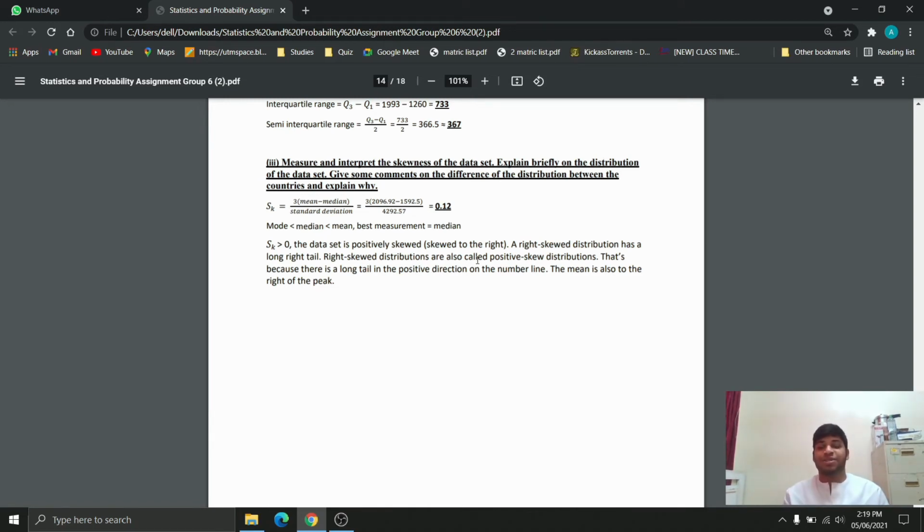A right skew distribution has a long right tail. Right skew distributions are also called positive skew distributions because it's towards the right, and that's why there's a long tail on the positive side of the number line. This also means that the mean of the graph is to the right of the peak.